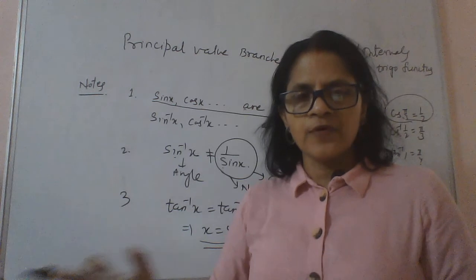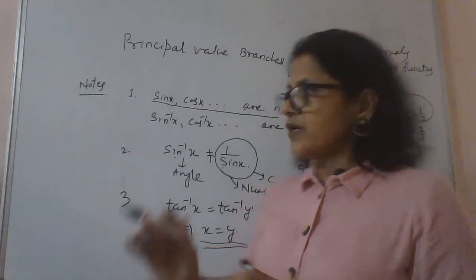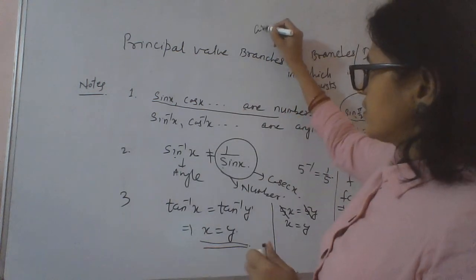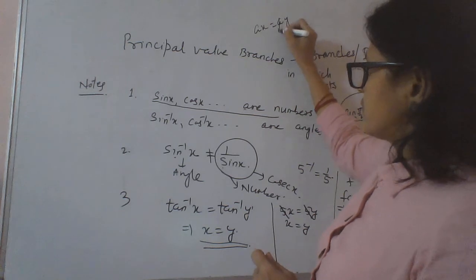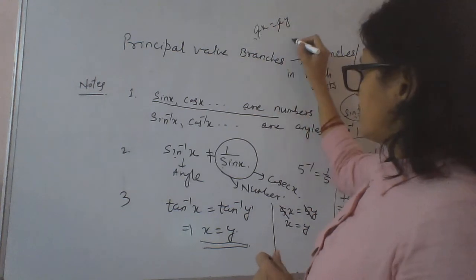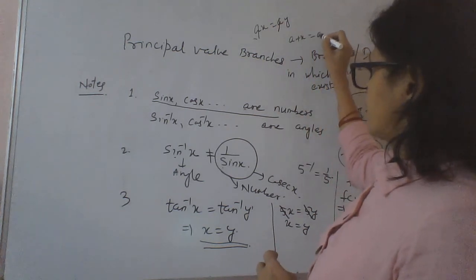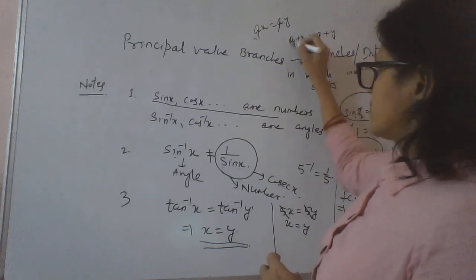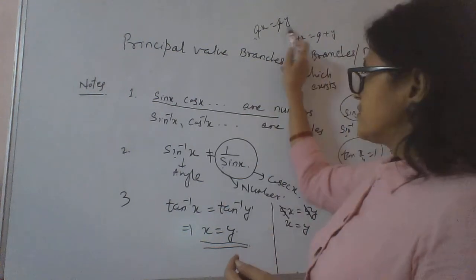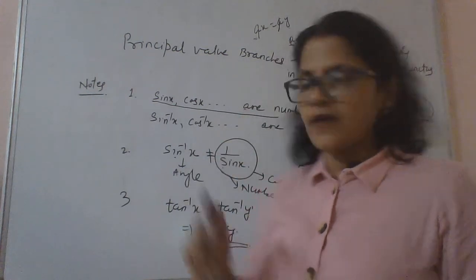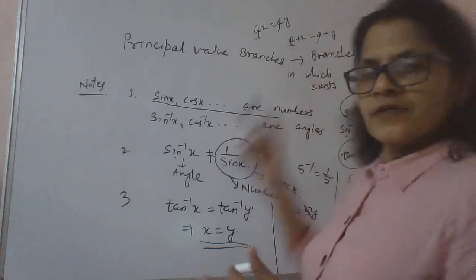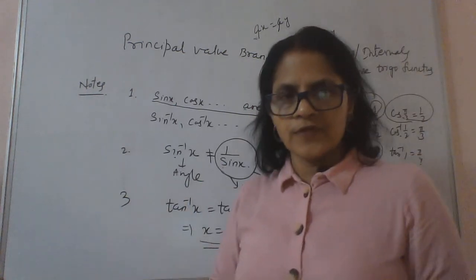Cancelling something from both sides means, whenever we write ax equal to ay, we cancel it. Whenever we write a plus x equal to a plus y, then we cancel. In the first case, cancellation means dividing both sides by a. In the second, cancellation means subtracting a from both sides.